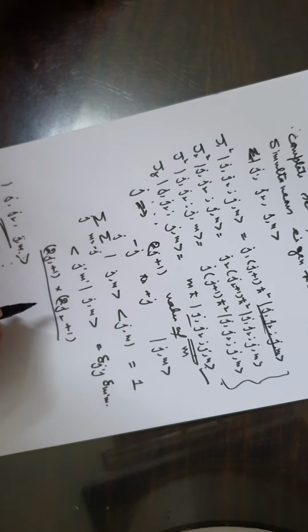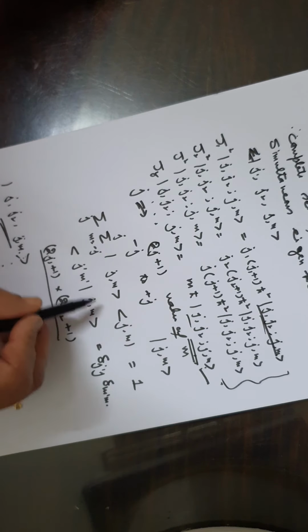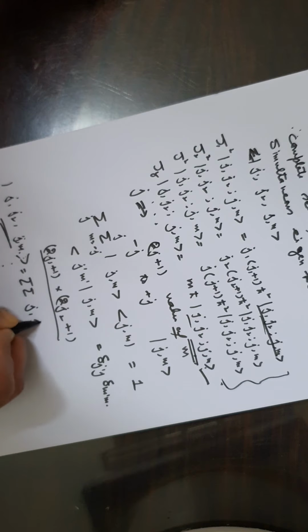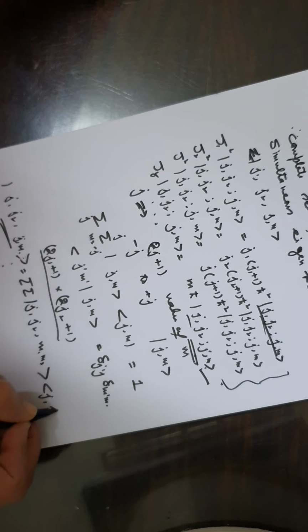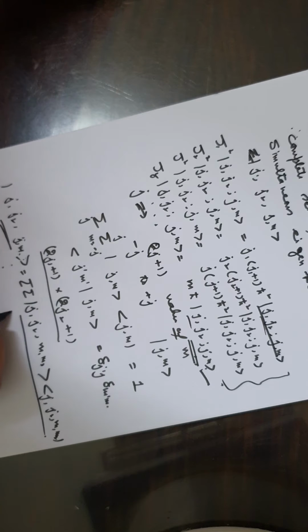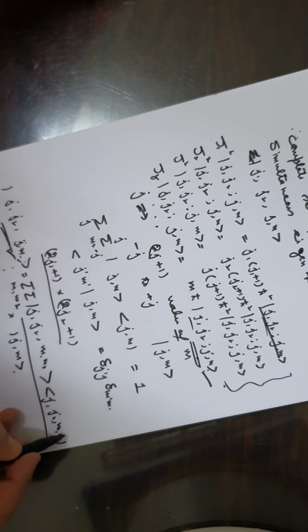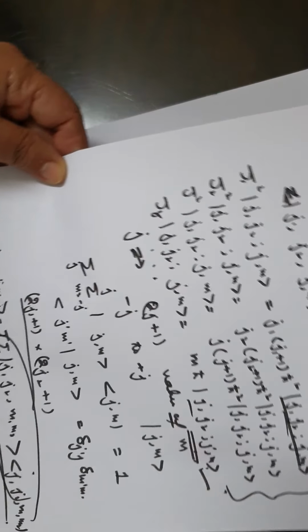Let's use the identity operator as the outer product of the ket J1, J2, M1, M2, and multiply this ket, which is simply written as Jm. So, I have used this identity operator here. Let's once again see how I have written this J1, J2, Jm ket.